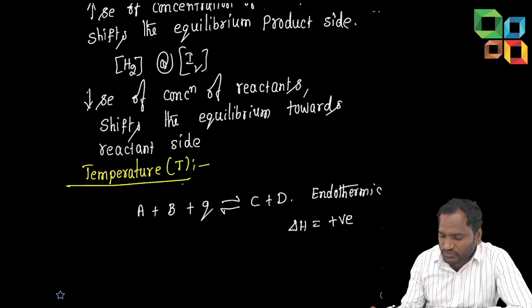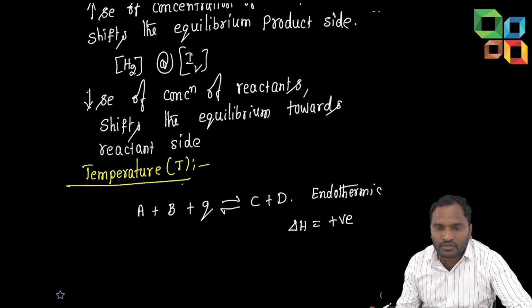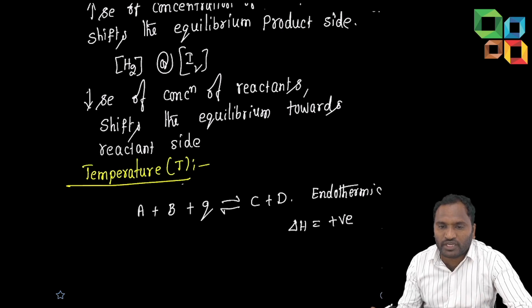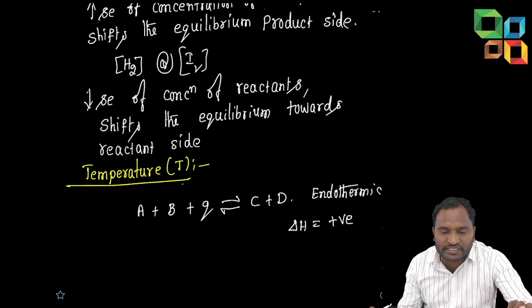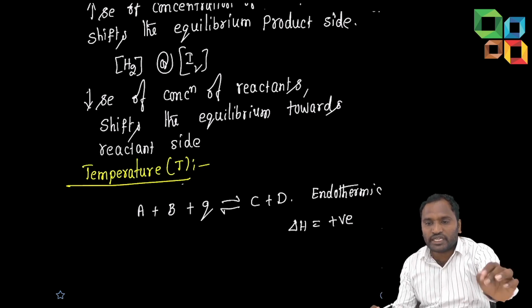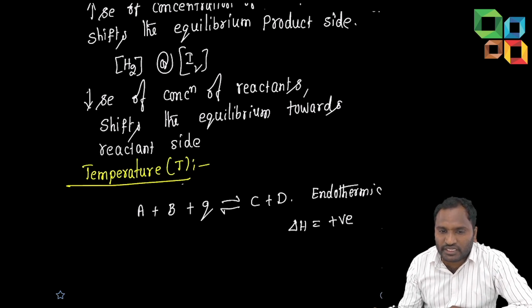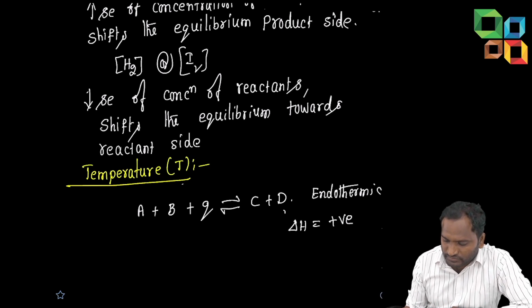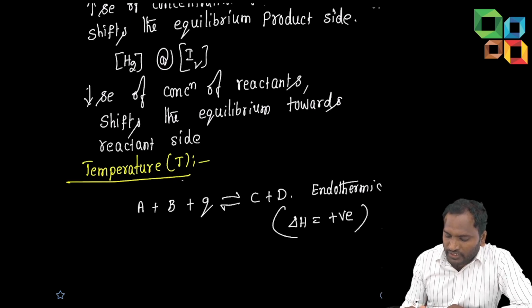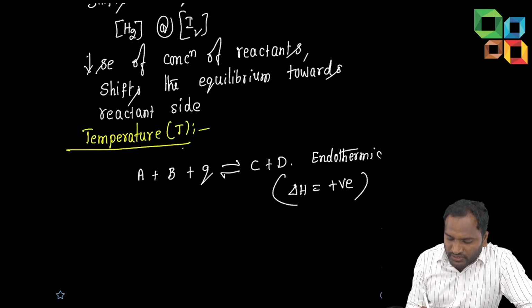Some value they will give. You need not remember the value. Just check whether a positive sign or a negative sign is there in front of the value. If a positive sign is there, endothermic reaction. If a negative sign is there, exothermic reaction. Delta H is positive for endothermic reaction.